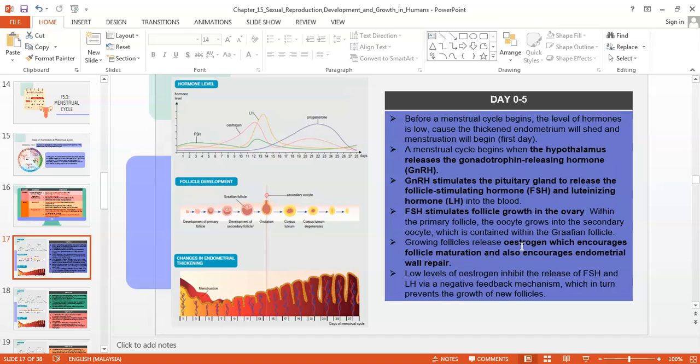Bukannya, jangan confuse, bukannya follicle stimulating hormone yang encourage follicle maturation. Follicle stimulating hormone FSH only stimulate the growth, tapi yang encourage the follicle maturation is the estrogen.